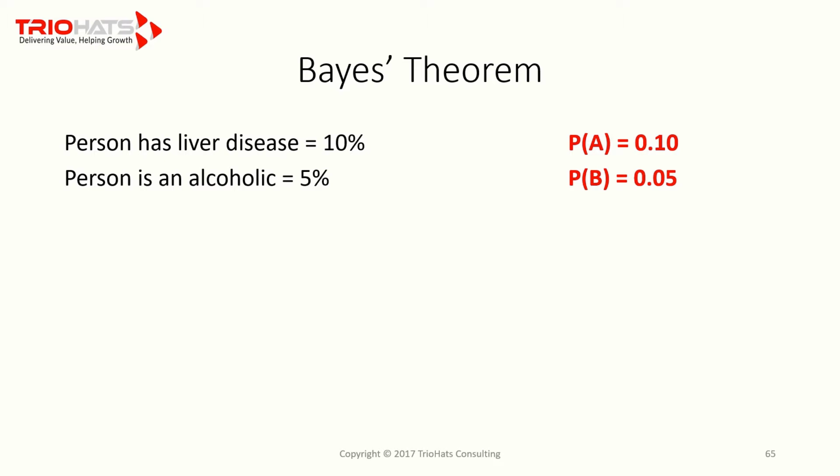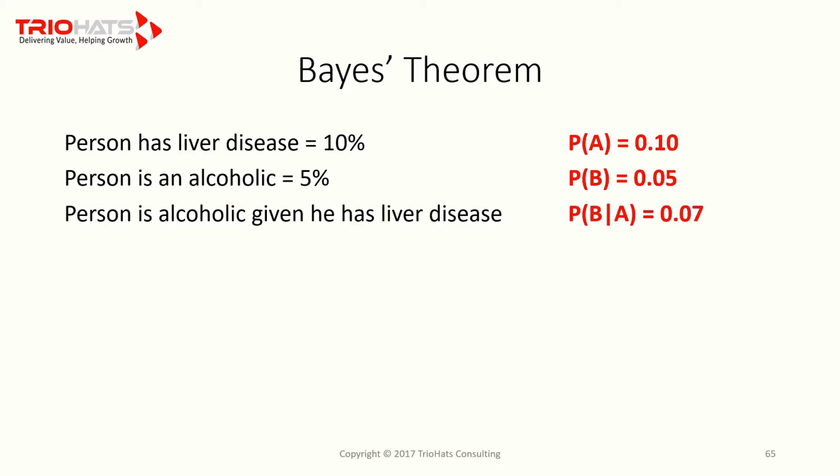The probability of a person being an alcoholic is 5% out of the total patients who visit the doctor. And the third thing would be the probability that the person is an alcoholic given that he has a liver disease, which is 0.07, that is 7%.